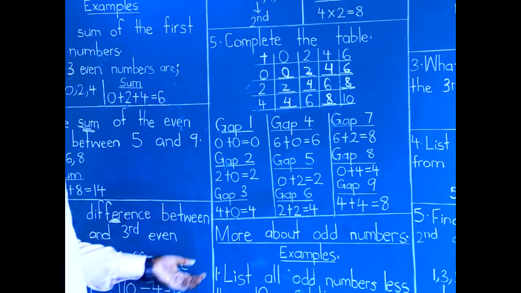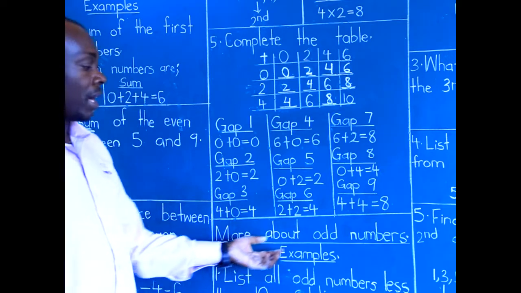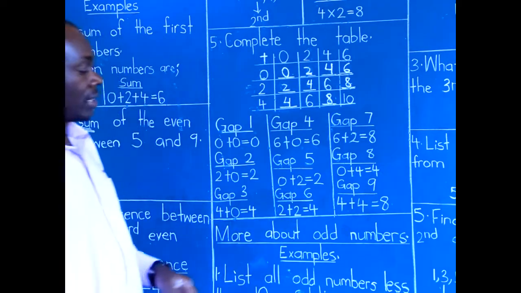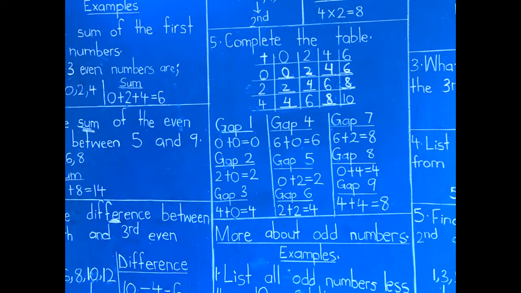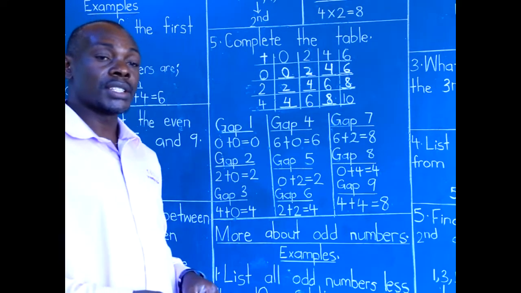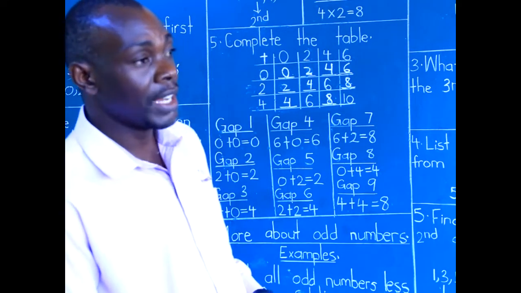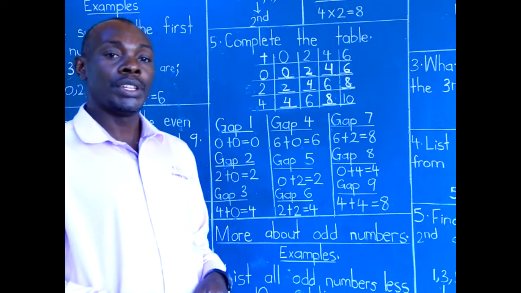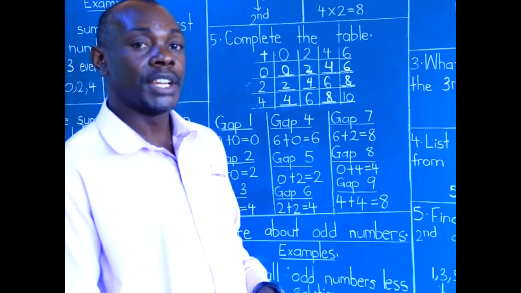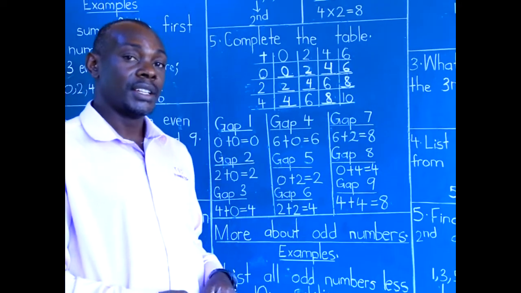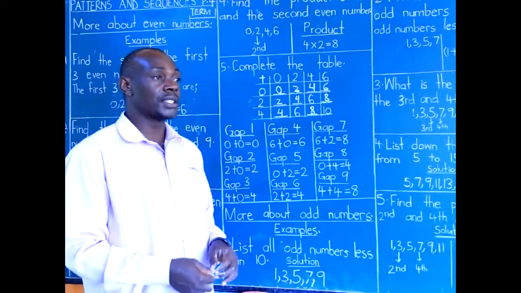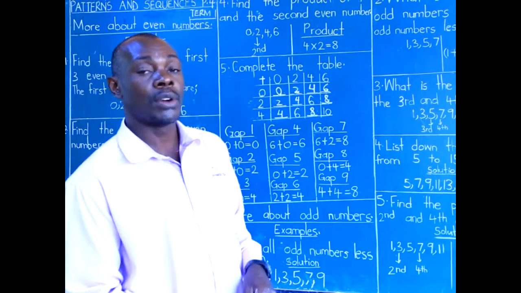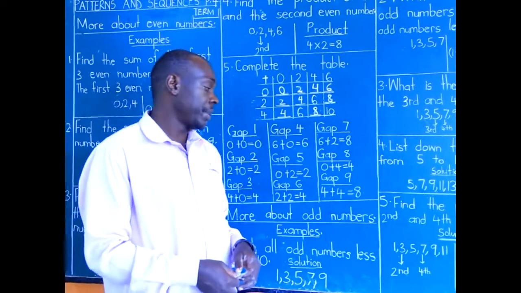Now we are going to look more at the other category, which is called odd numbers. The question is, what's an odd number? An odd number is a number which, when divided by 2, one gets remainder 1. It's the opposite of even numbers. An even number, when divided by 2, has no remainder.